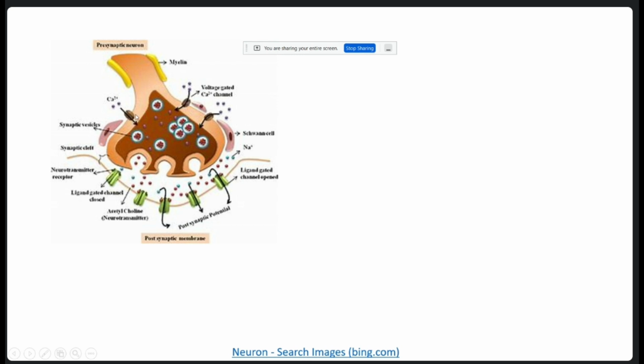But in short, what we did first here, free calcium ions are coming inside the cell. So as it comes inside the cell, what happens? The concentration level of free calcium ion rises. It rises to such a level that the neurotransmitters move toward the synapse.